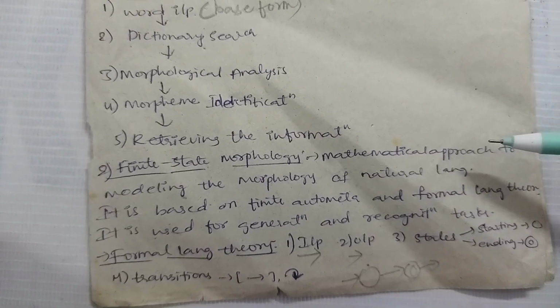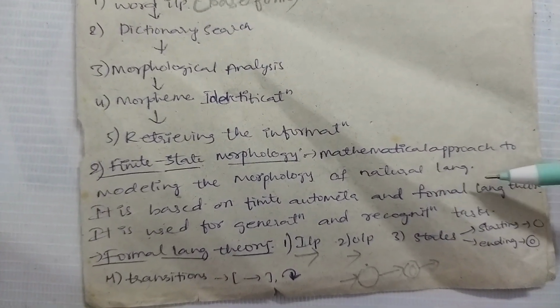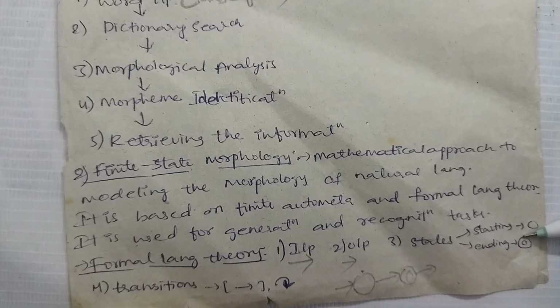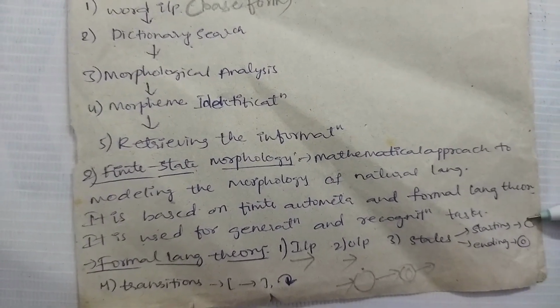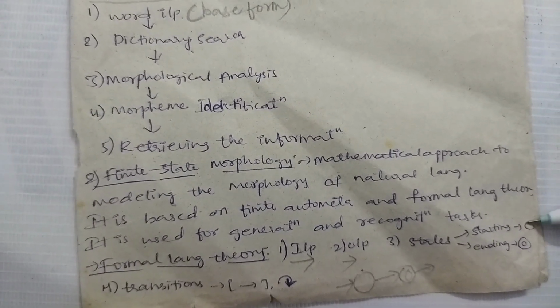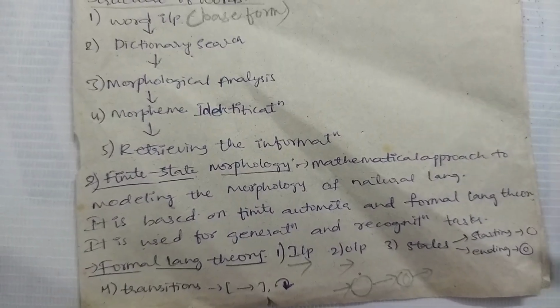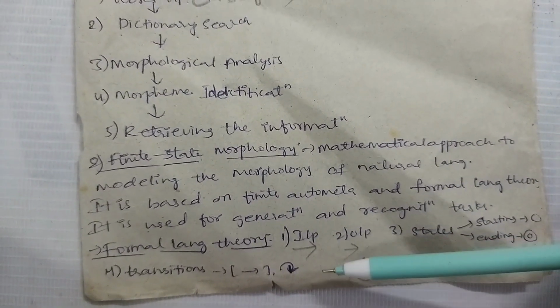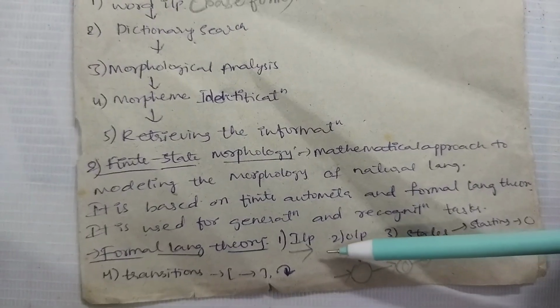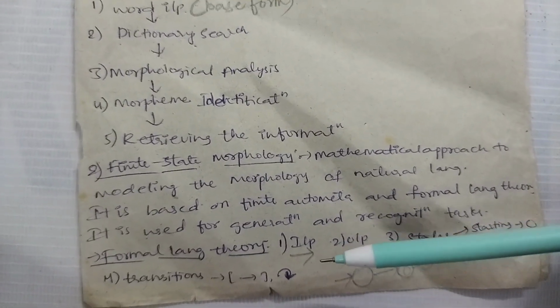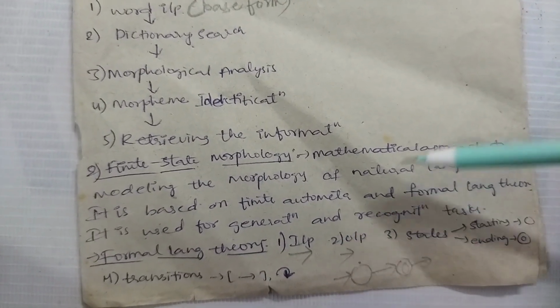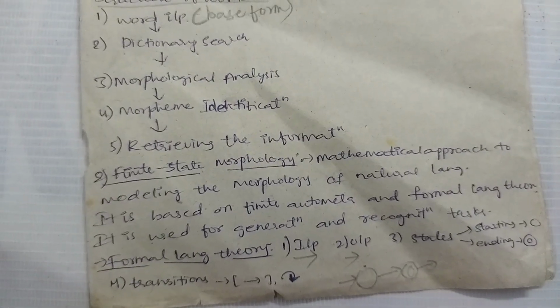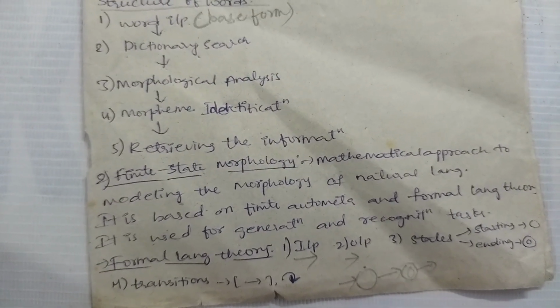The middle states are known as starting and ending. For starting we use a single circle symbol. For ending we use a double circle. We use transitions, showing which step goes to which step, like a travelling.